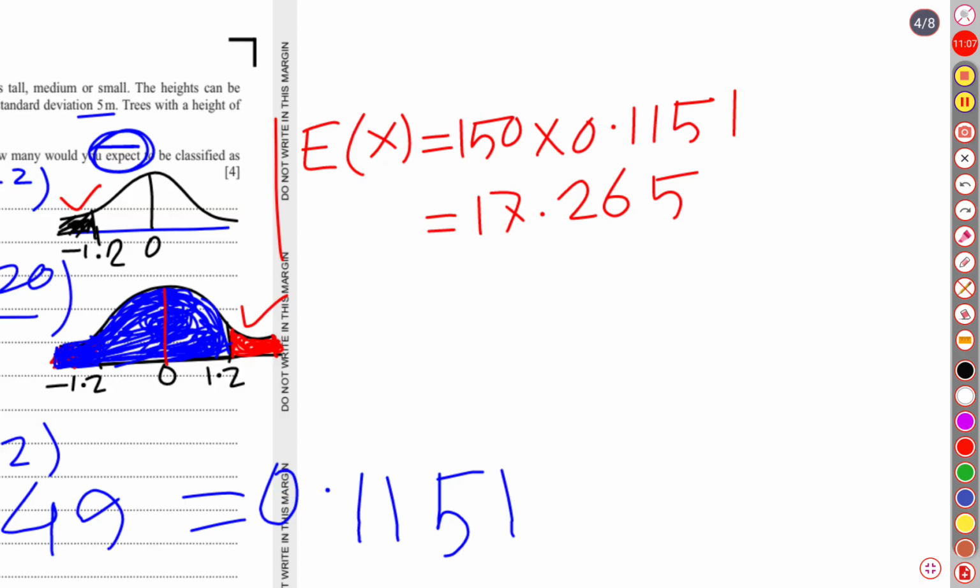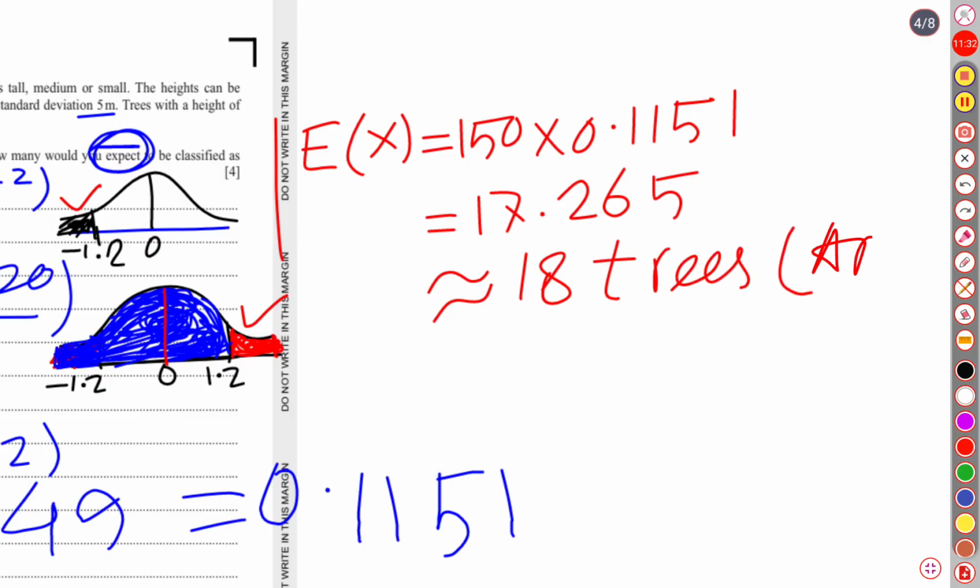Now they have told us to find number of trees. Number of trees cannot actually be fractional. So there are two possibilities. If we round it to three significant figures, it is going to be 17 trees. But in another way, look at this, more than 17 trees. It means it's actually 18 trees.